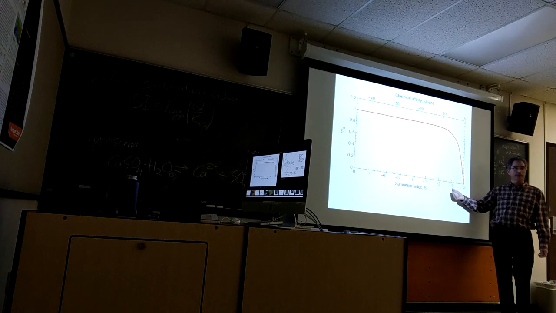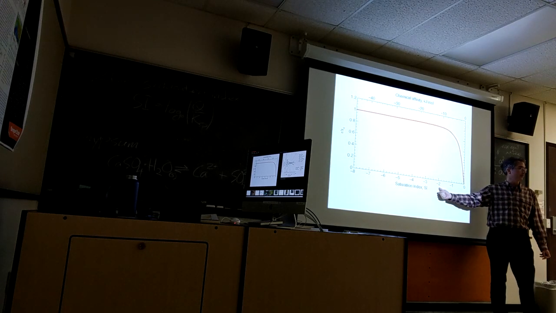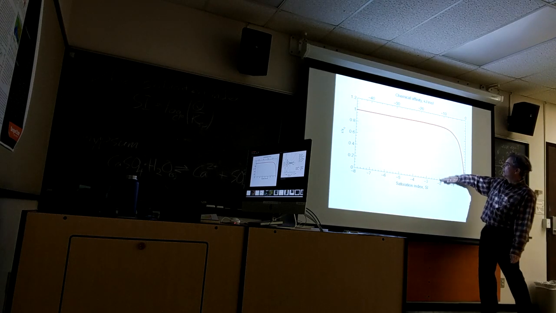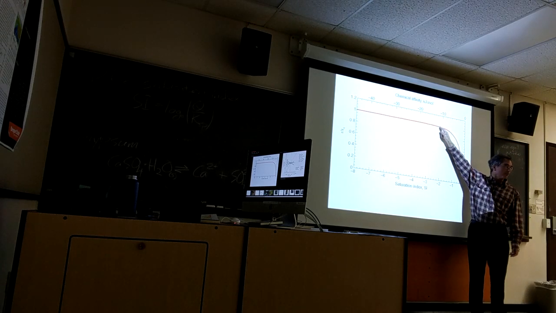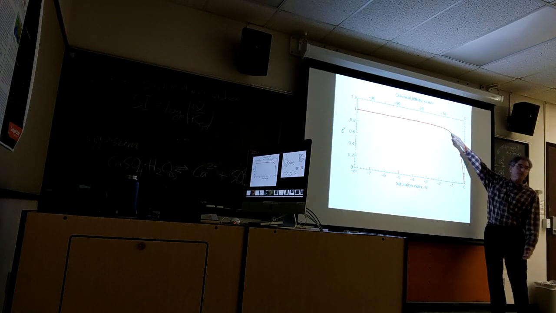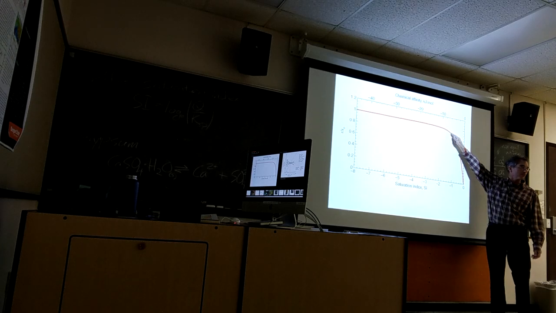So -1 means we're at a tenth of the saturated concentration. -2 means that we're at 100th or 1% of the saturated concentration. So at only 1%, we have a modest but maybe measurable effect on the reaction rate. When we're at 10% of saturation, again, modest but perhaps measurable effect on the reaction rate.